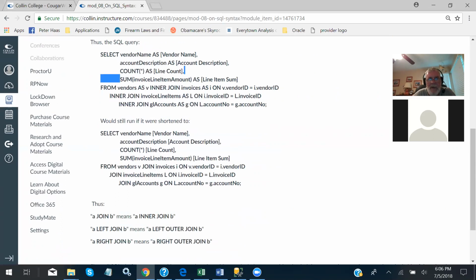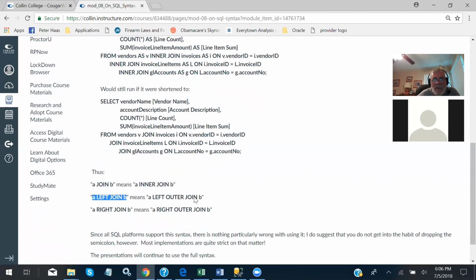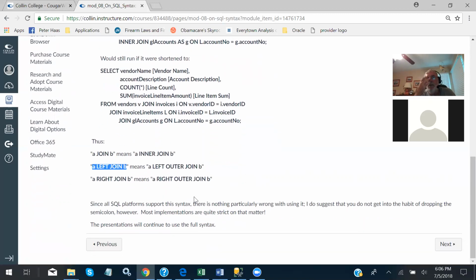And then from vendors V, you could just say join. I will not be happy if you write an inner join like this. Similarly, instead of left outer join, you can usually get away with just saying left join. I will not be happy if you write it that way.